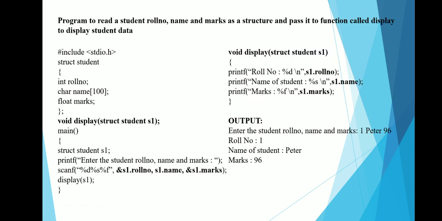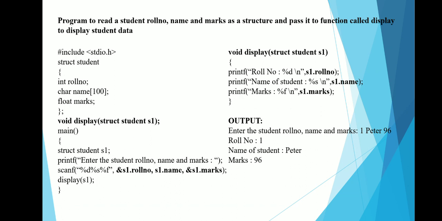So this is the example for reading a student roll number, name and marks as a structure, and we are going to pass this whole structure as the argument to a function. So the function name is given as display. We have to define a structure called student, which takes three members: roll number, name and marks.